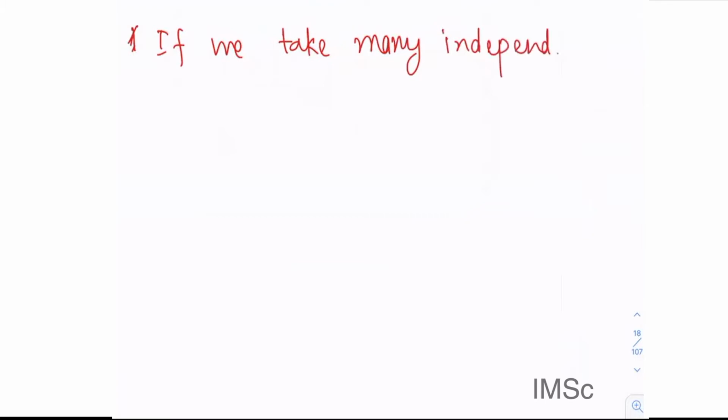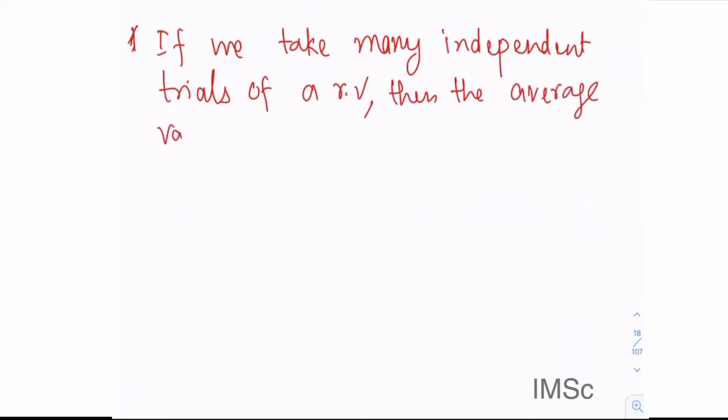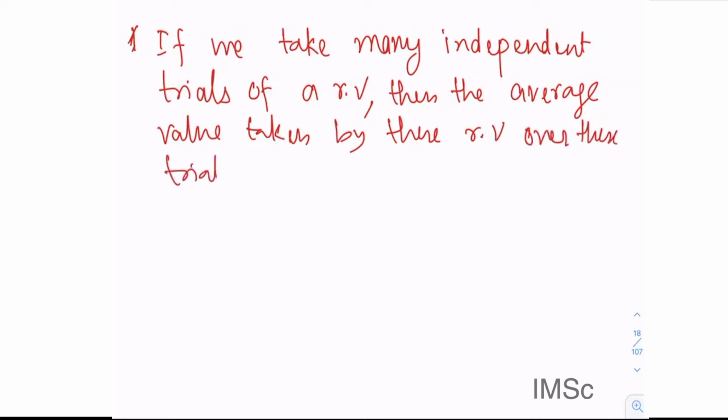So if we take many independent trials of a random variable, then the average value taken by these random variables over these trials converges to its expectation.